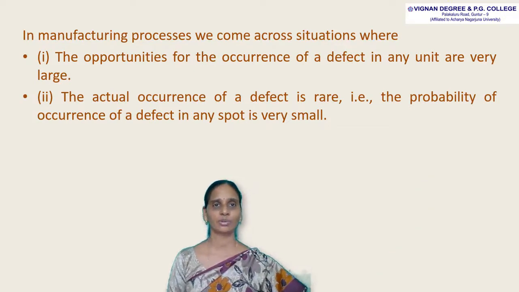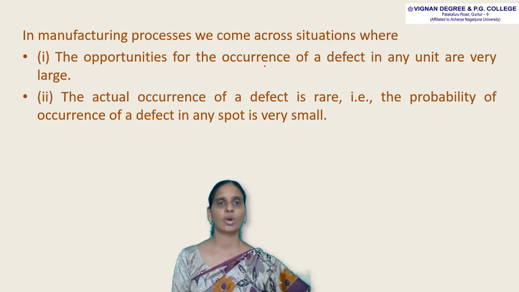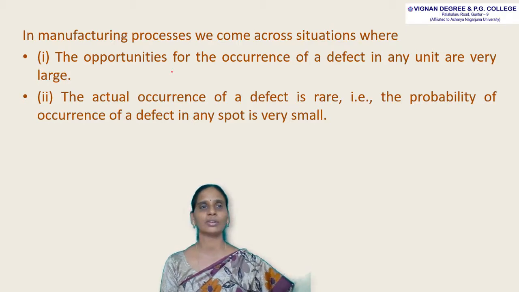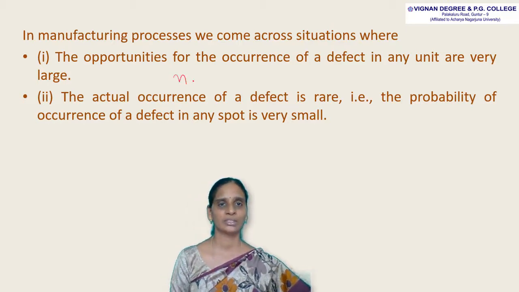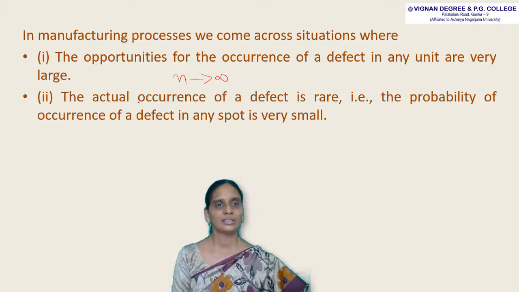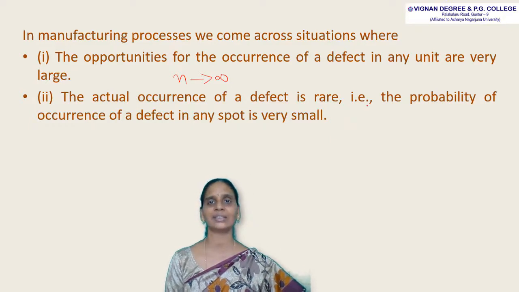In manufacturing process, we come across situations where the opportunity for the occurrence of a defect in any unit is very large. So that means n is large, that means n tends to infinity. And the second situation is the actual occurrence of a defect is rare.